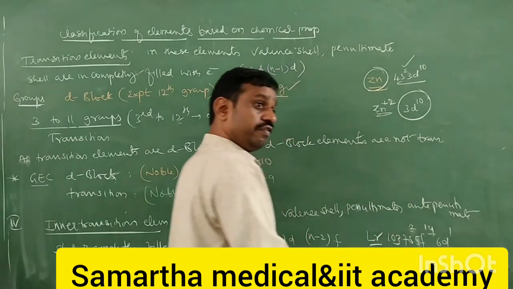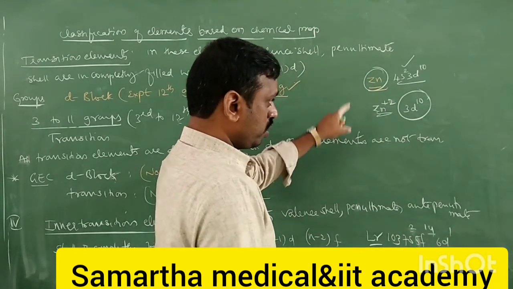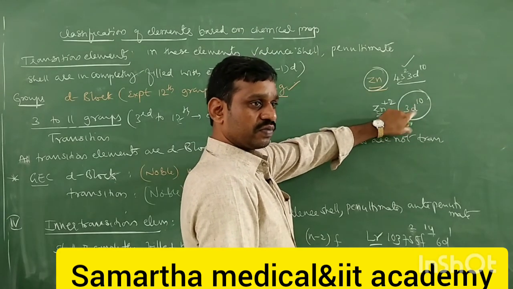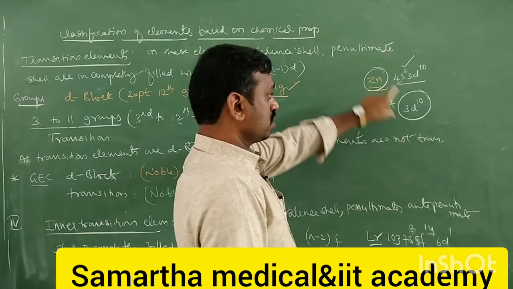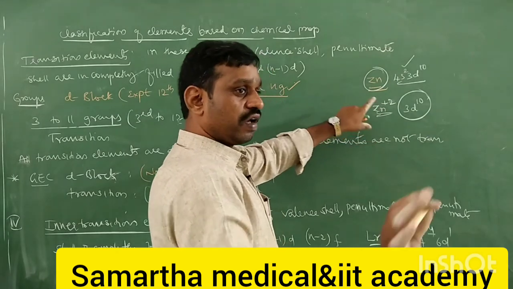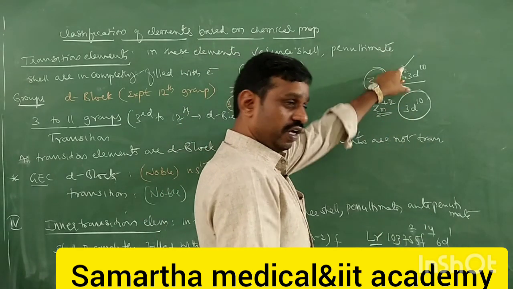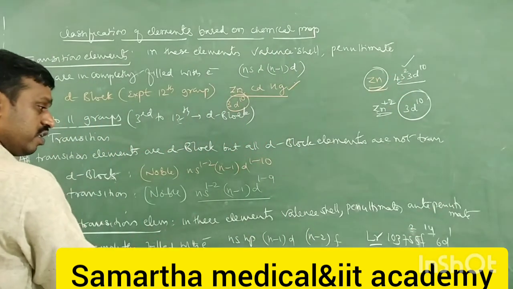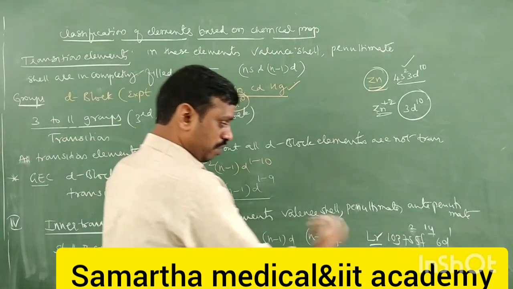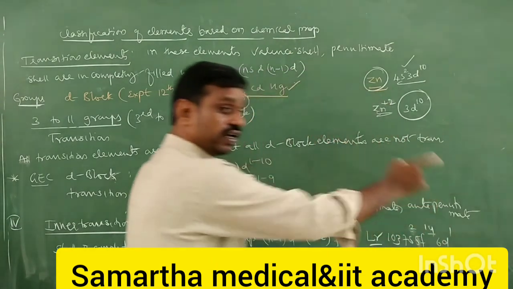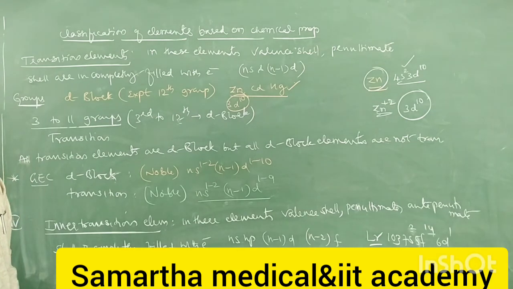It means even in the common oxidation state it has a completely filled d orbital. That is why zinc, cadmium, mercury are not transition elements, because they have completely filled orbitals even in common oxidation state. Whereas for f block elements, in their common oxidation states, they have incompletely filled orbitals. Therefore, they are inner transition elements.